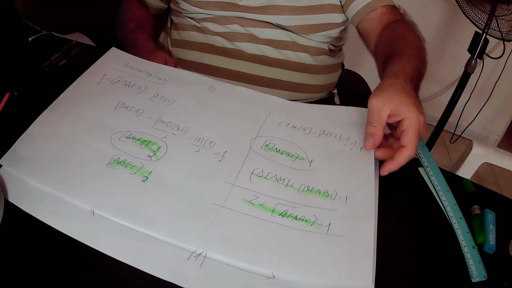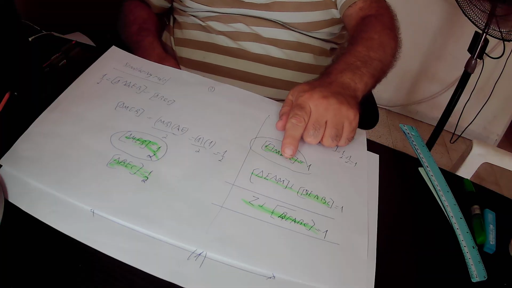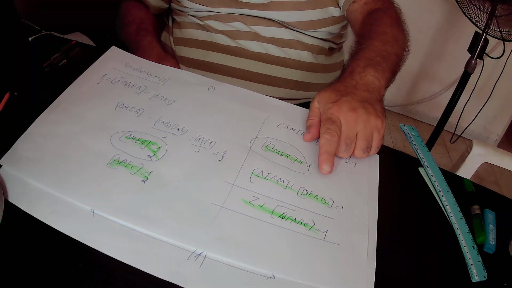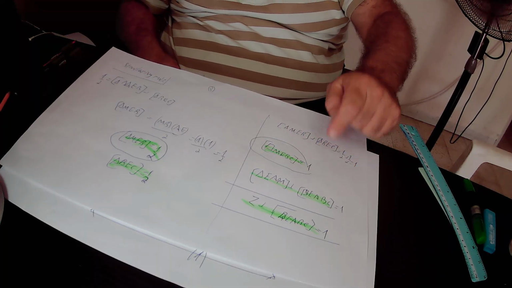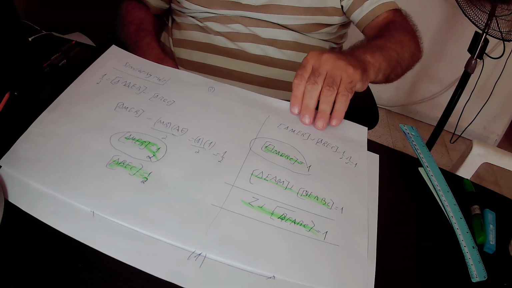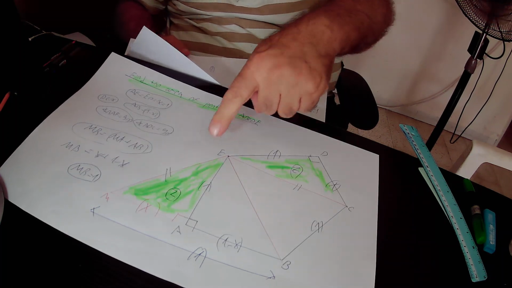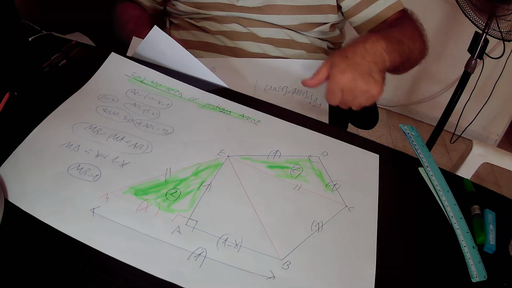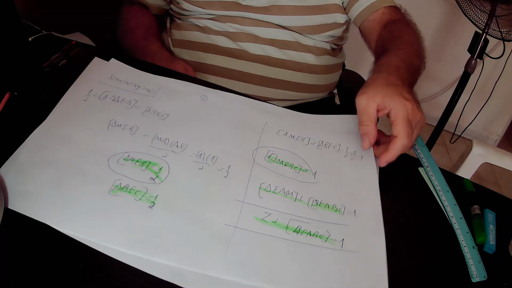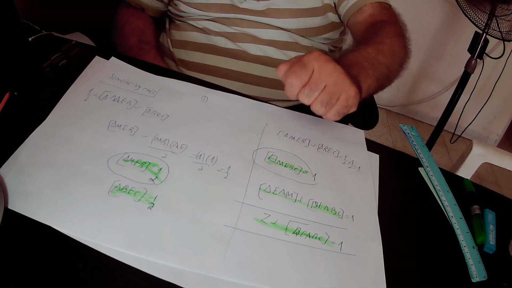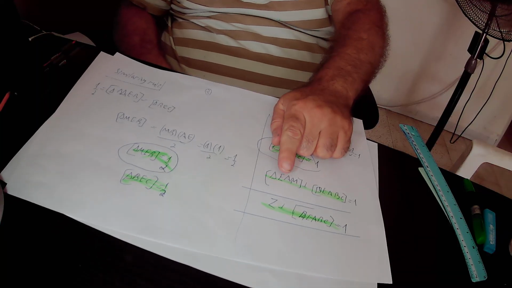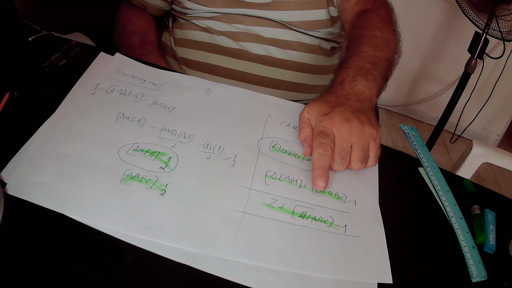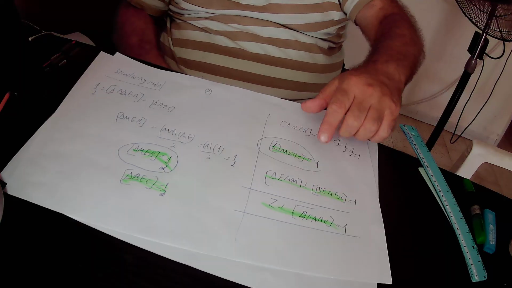But we already found out that the area of triangle EMA is Z. So in total we get that Z plus the area of quadrilateral EABC equals 1.